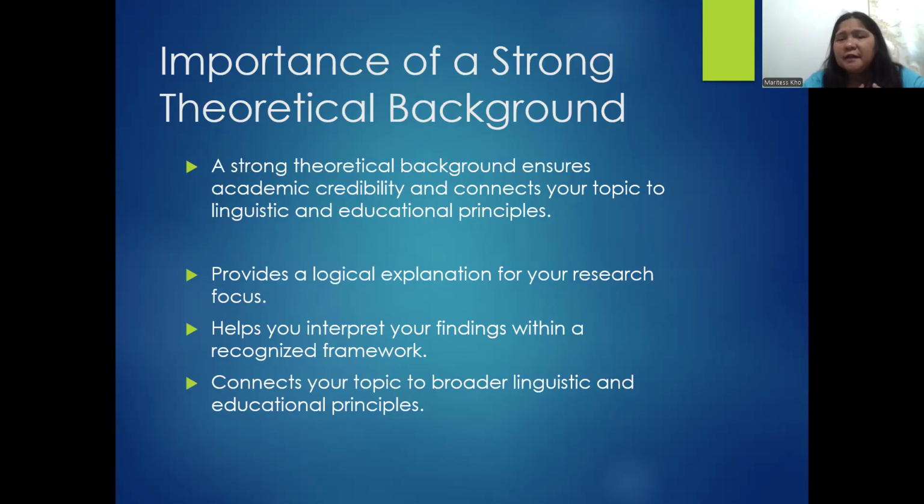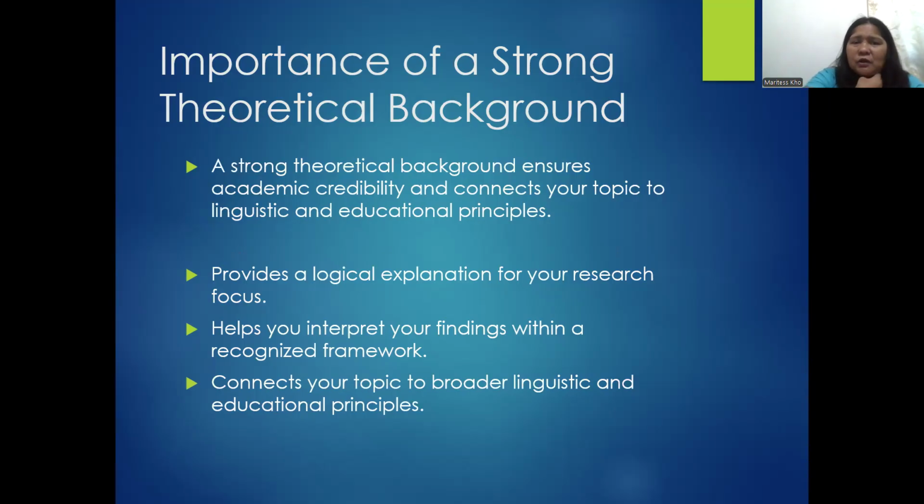Example, if you're studying code switching in English classrooms as your topic, it becomes more credible when it is anchored on sociolinguistic theories by Dell Hymes, or if it's anchored also on communicative competence theories, because these theories explain why language users shift between codes for meaning making and context adaptation.